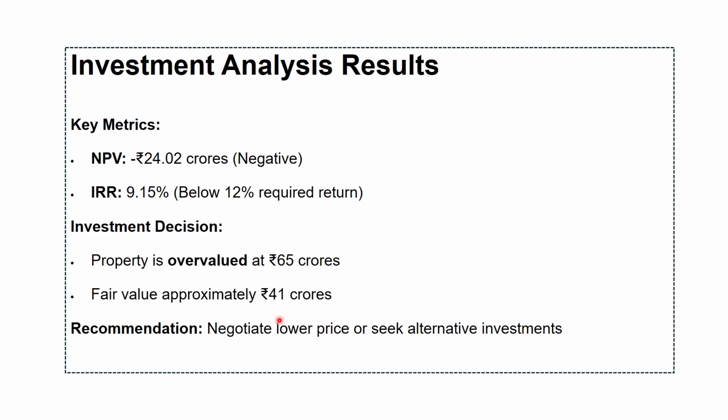So, we have seen step by step how we started. We first calculated the revenue, the rent, everything. We calculated operating expenses. Then ultimately we used discounting. And once we did that, we saw that NPV is negative, negative 24.02 crores, and IRR is also much below the required 12%.